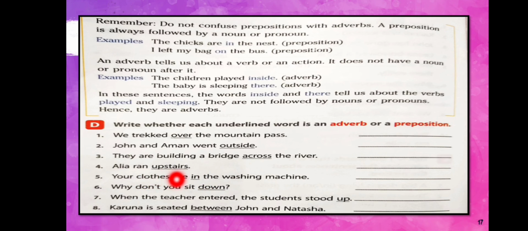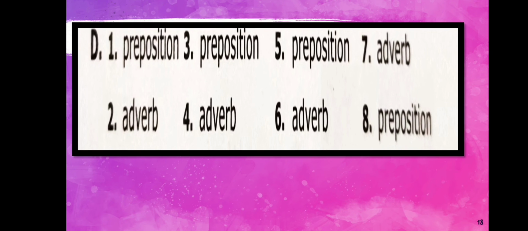Why don't you sit down? After the word down, is there any noun or pronoun? No. So this down is an adverb, not a preposition. Like that you can do exercise 7 and 8 and check your answers here.